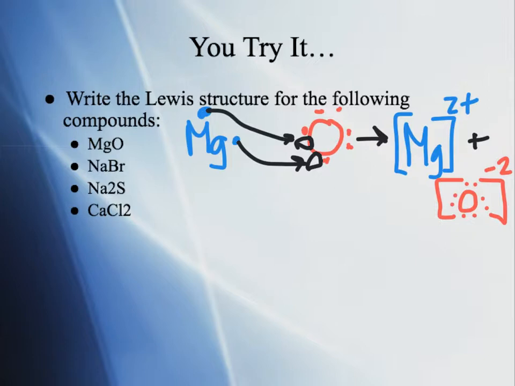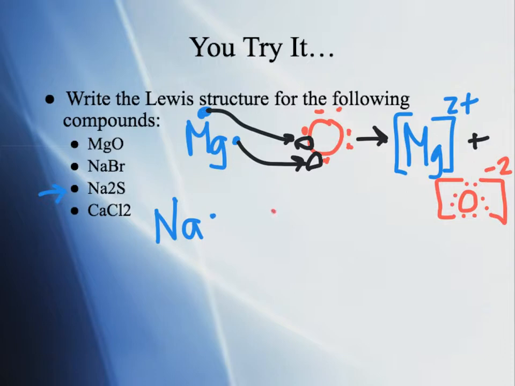All right, so let's take a look at one other one, and then I'll leave the other 2 for you guys to do. Let's take a look at one that has 2 atoms within a compound. So Na2S. We've got sodium, and sodium has 1 valence electron.